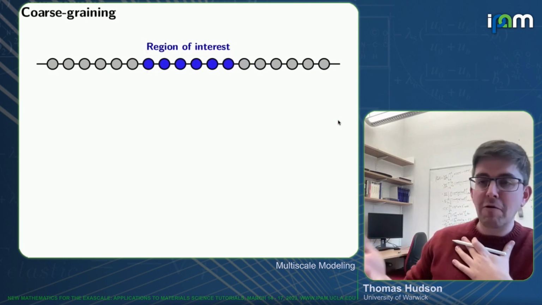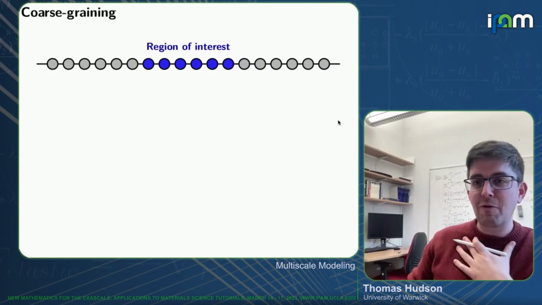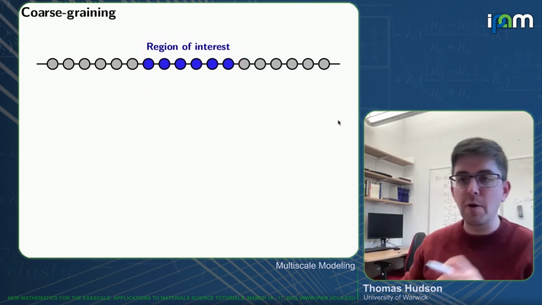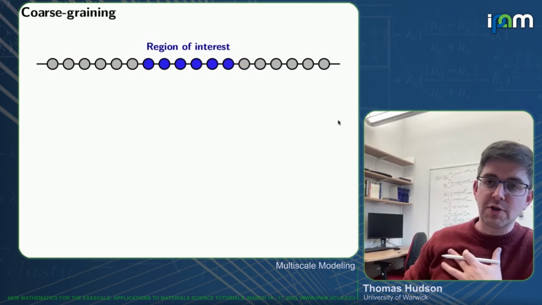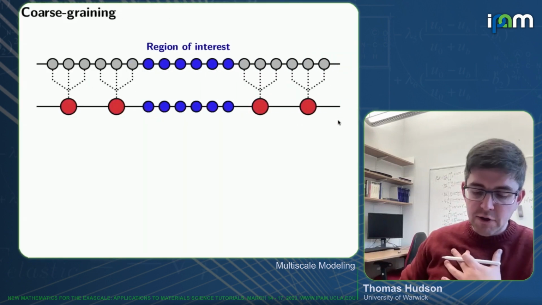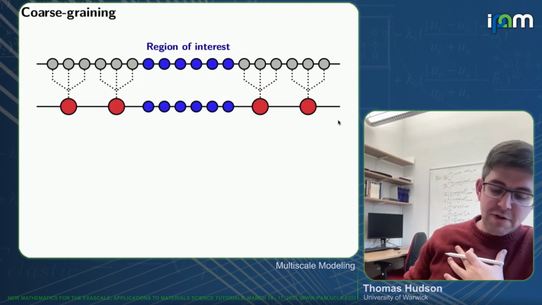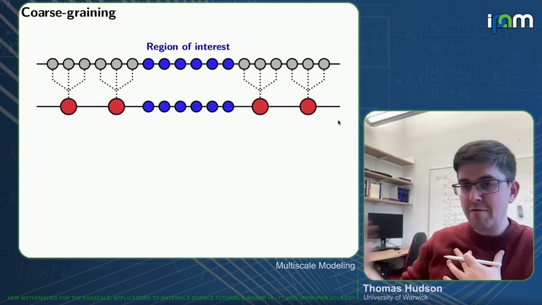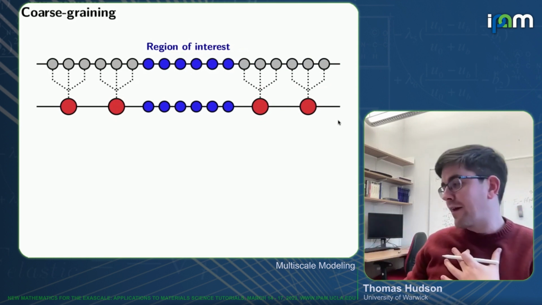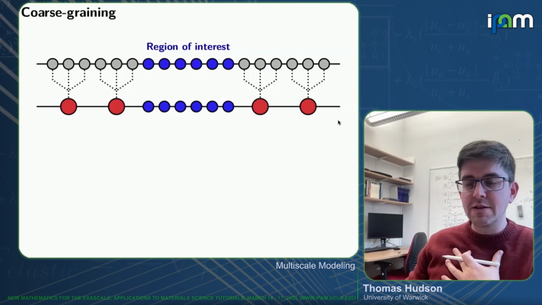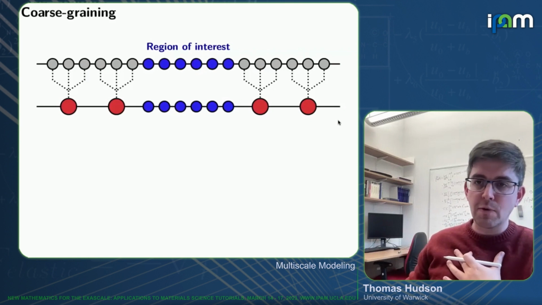But we know that there are properties of the interaction between this region of interest and the bulk crystal that we still need to capture. And so one way to reduce the degrees of freedom in your model, but capture what you're interested in and reduce the computational cost, is to devise some kind of coarse-grained model.